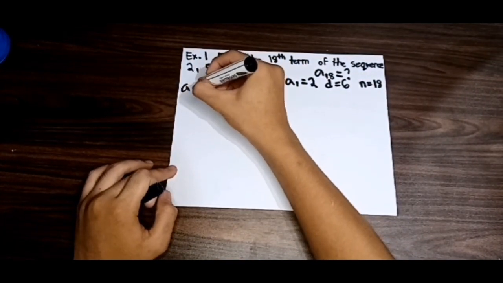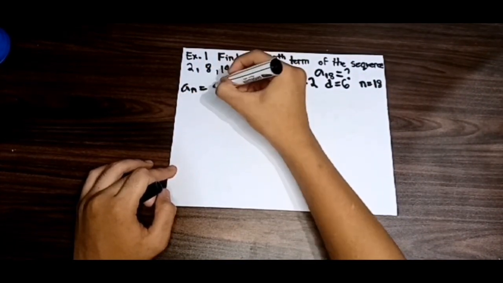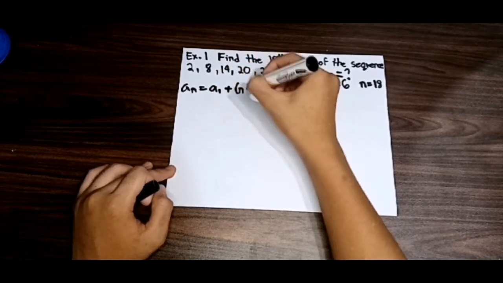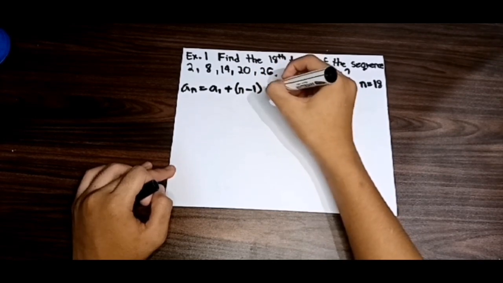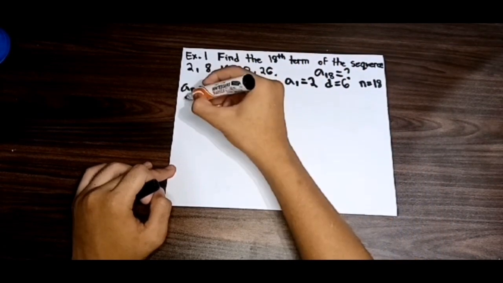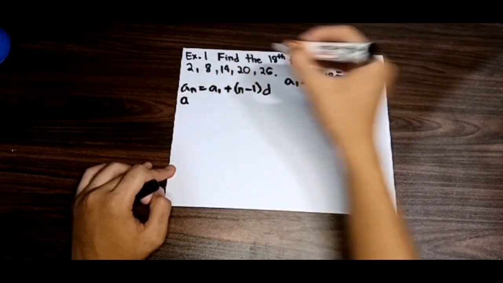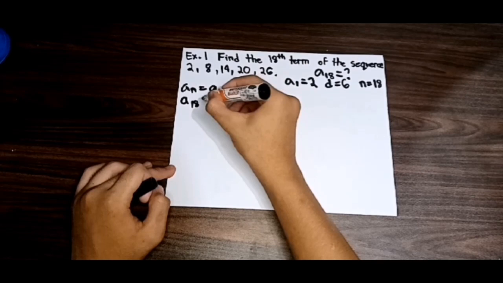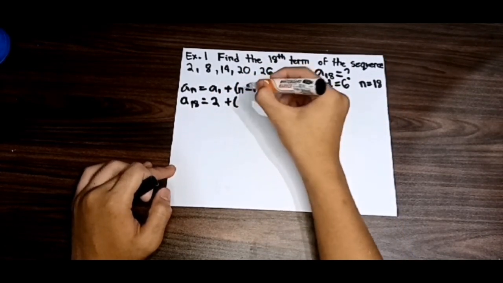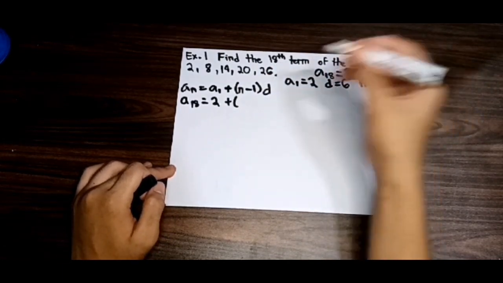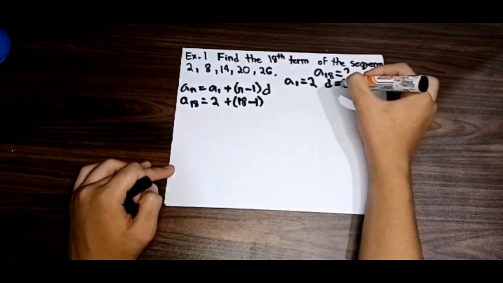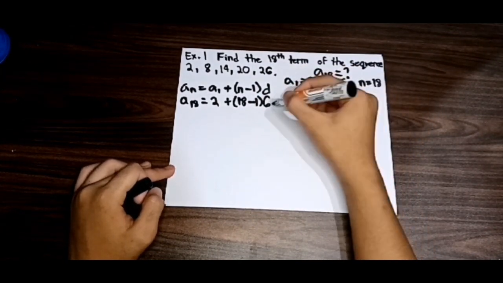Now, let's use the formula, which is a sub n is equivalent to a sub 1 plus n minus 1 multiplied by the common difference. Let's substitute: a sub 18 is equivalent to a sub 1, which is 2, plus the number of terms, which is 18, minus 1, multiplied by the common difference, which is 6.